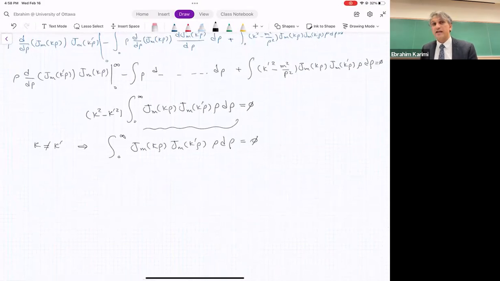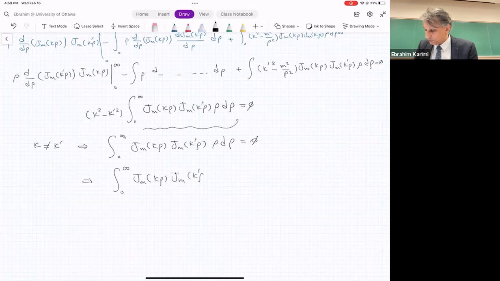Okay, when k is equal to k', that's a different scenario. It can be shown that in general that integral of Jm(k rho) Jm(k' rho) rho d rho will be equal to 1 divided by k times delta of (k minus k').